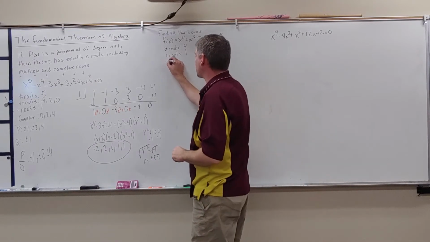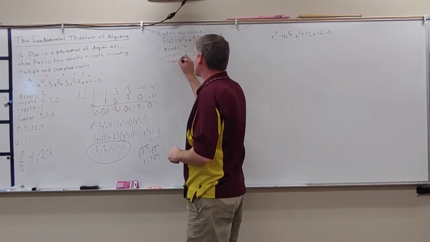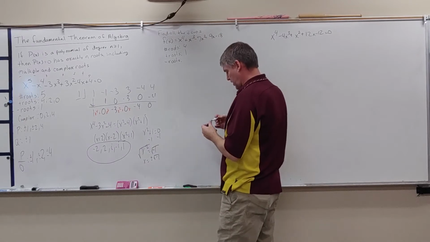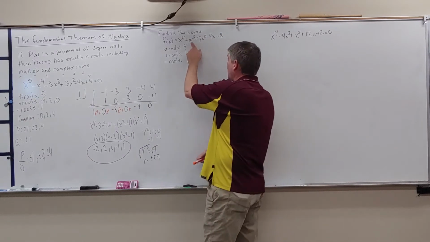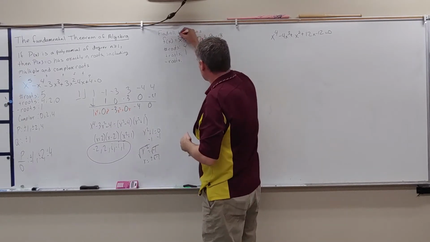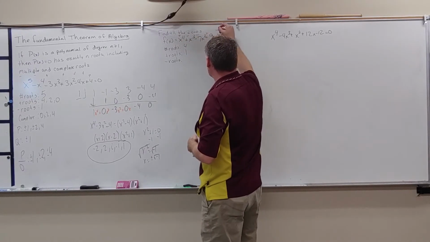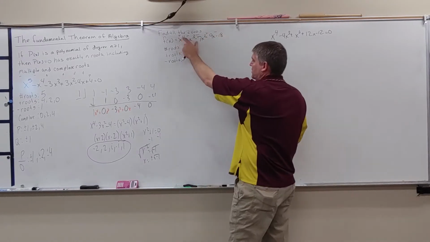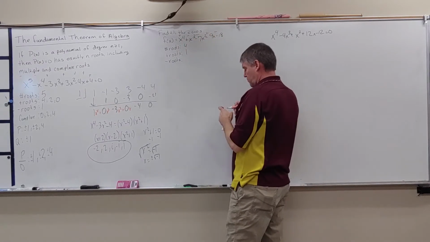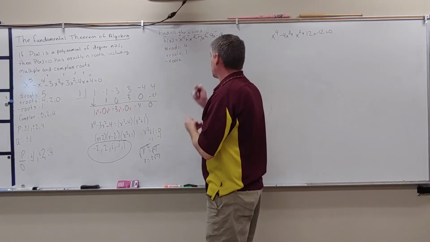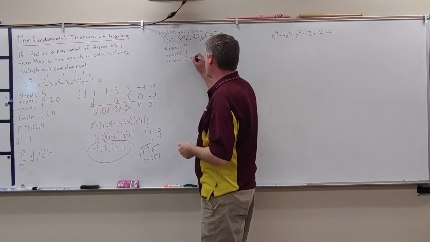Okay, now I'm going to look at negative roots. So that's going to change this. So anywhere I have, this is going to become, this is positive, negative, negative, positive, negative. Now I count the sign changes. 1, 2, 3. So I have 3 negative or 1.